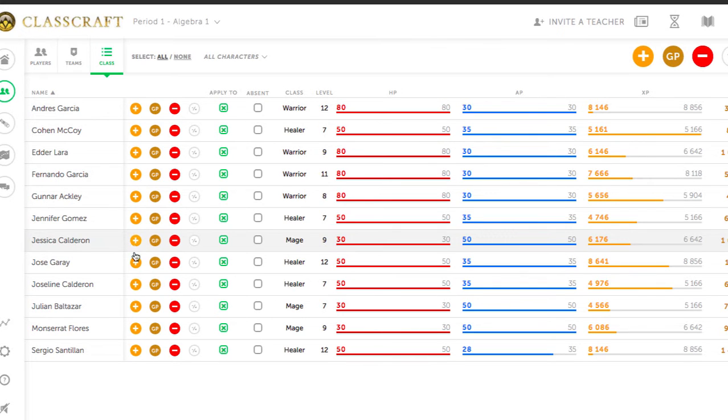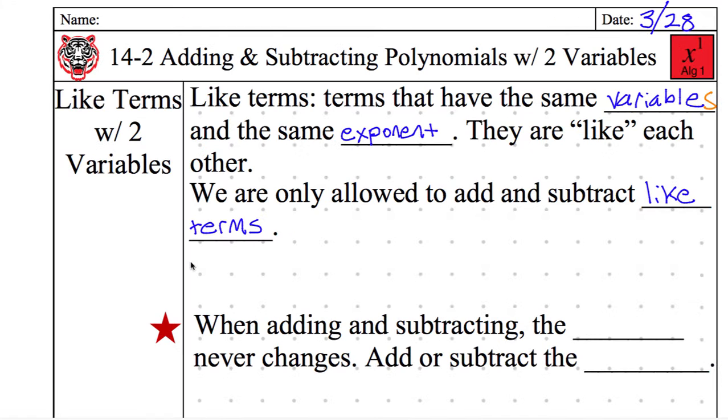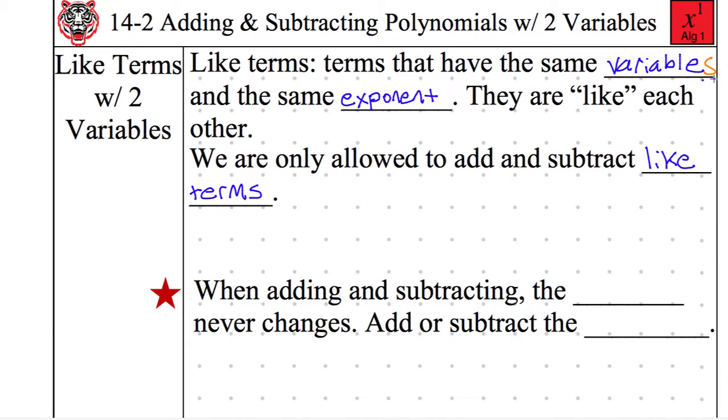I gave you a preview yesterday, and this is what we're doing today. Like terms now have variables, plural, which means my like terms could look like this: xy and xy. These are both like terms. They have to have the same variables with the same powers, the same exponent.